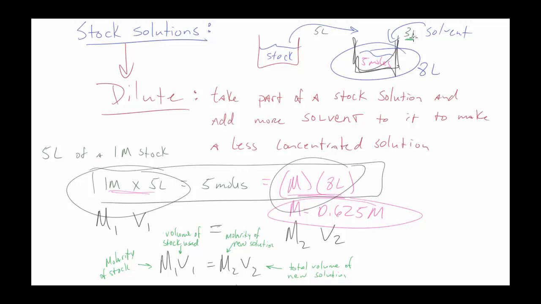V2 is not how much solvent we added, it's what the total volume was. And so a lot of the time we'll need V2 minus V1, right? And V2 minus V1 will actually tell me how much solvent to dilute with. And so this becomes another important part of this dilution calculation.